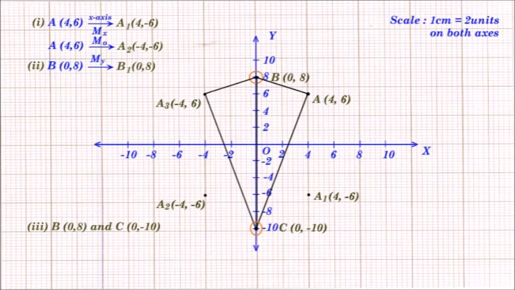So we have the triangle A3, B3, C3 the same as triangle A3, BC. So we have got the image of triangle ABC. Now let's join the points A, A3, C and C3. When we join this, the figure obtained is a kite.